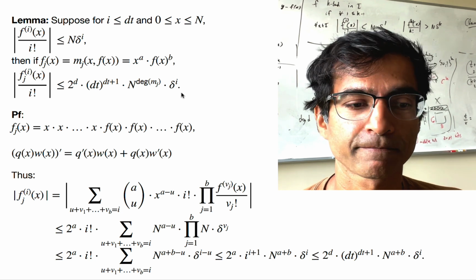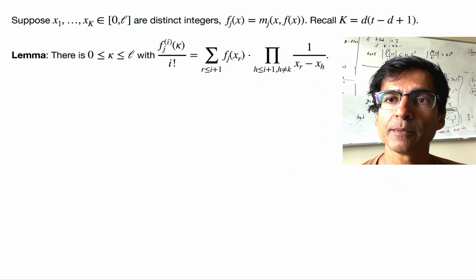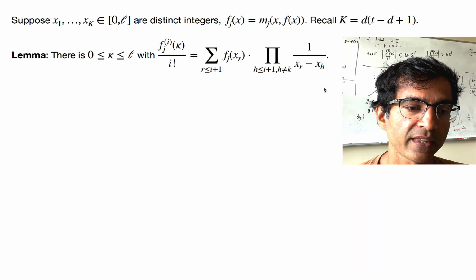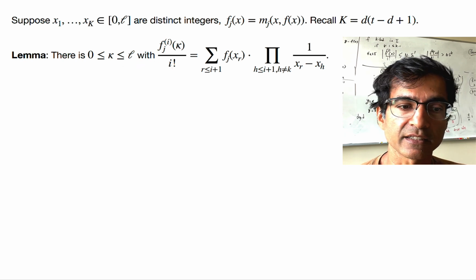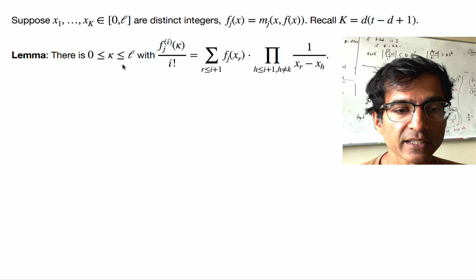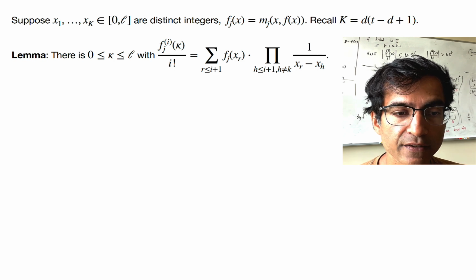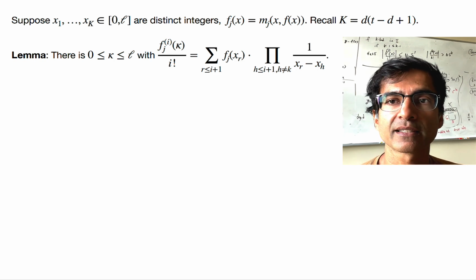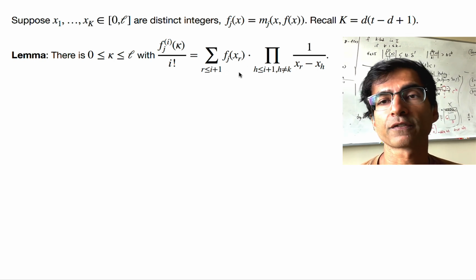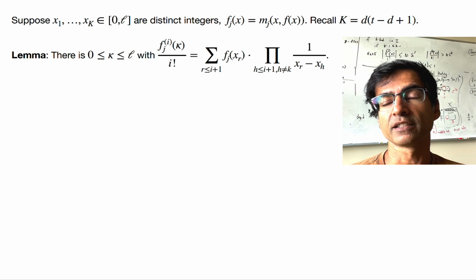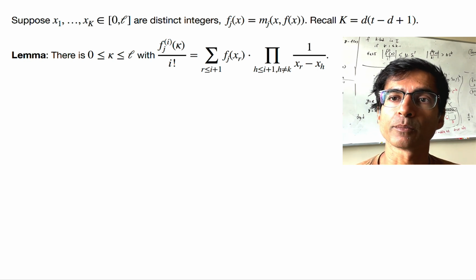That's the first lemma. A second important lemma says that for every i, j there is a kappa in the interval, so that the ith derivative of f_j can be expressed as a linear combination of the values of f at the first i plus 1 integer points.